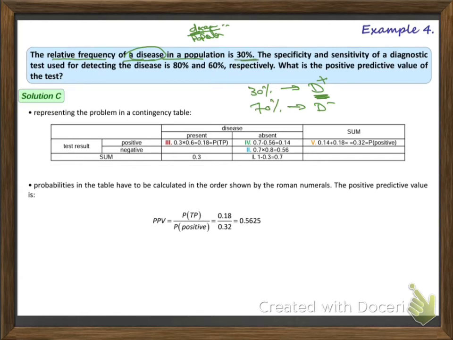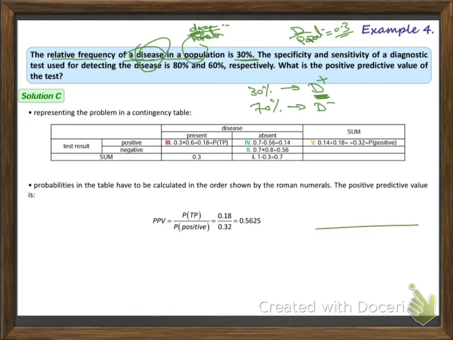The relative frequency of disease in a population: disease divided by the overall population equals 30%, 0.3. The people who don't have the disease, relative to the overall, is 1 minus 0.3. So this is the first point.